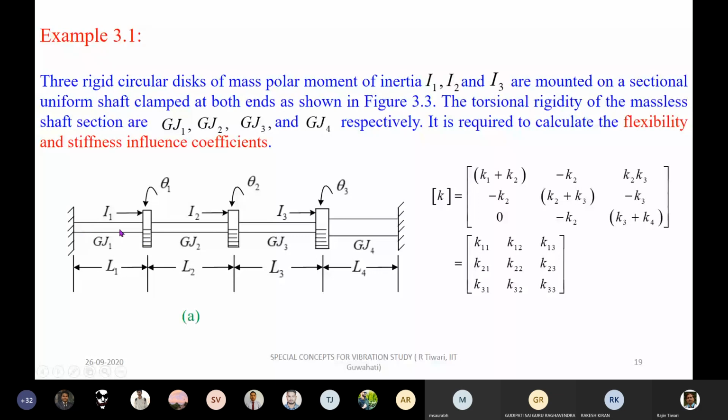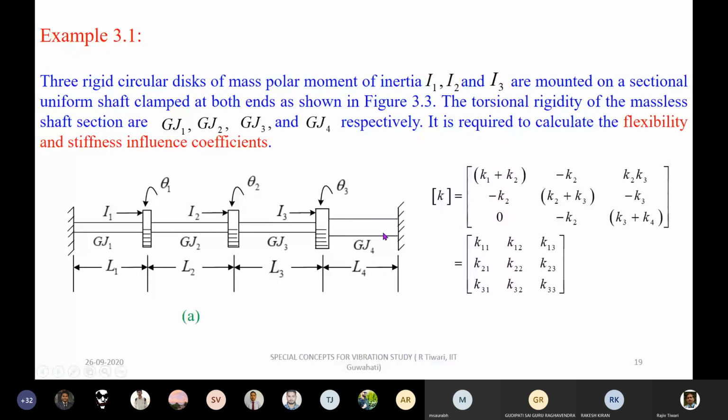Once we have the kinetic and potential energy, using Lagrange's equation or Hamilton's principle we can get the equation of motion. If you put it in matrix form, the stiffness matrix will look like this, where K1, K2, K3 are the stiffnesses of the first, second, third, and fourth segments of the shaft.